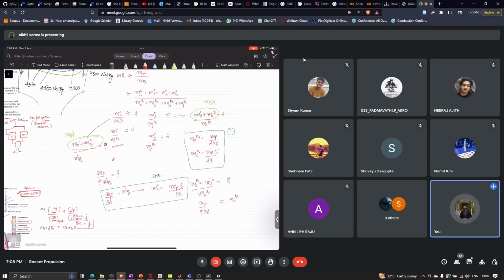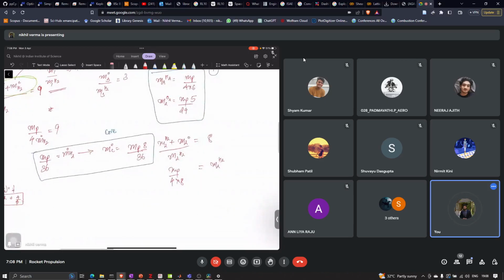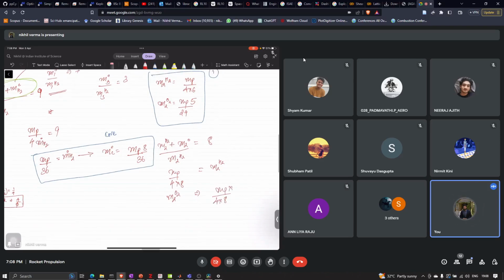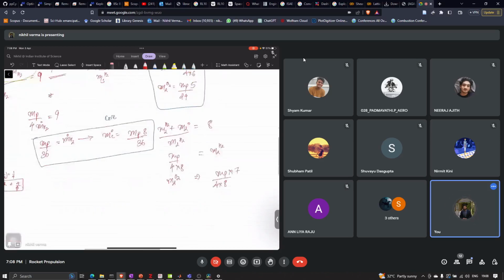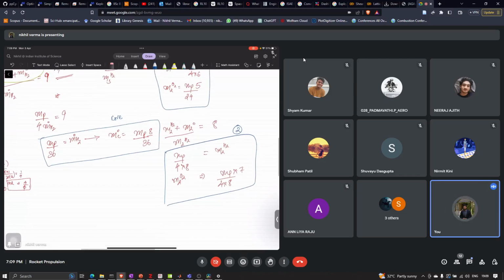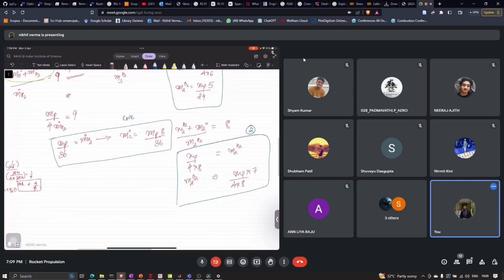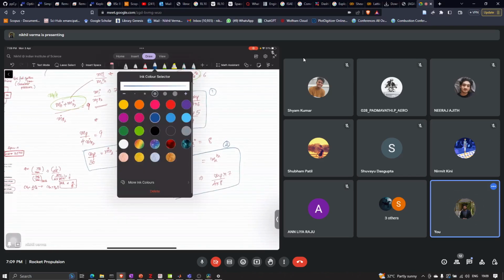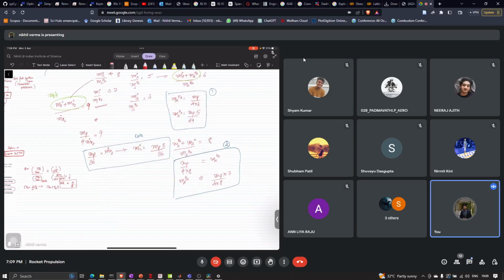So this is the mass of the propellant, then the mass of the oxidizer is the mass of the propellant into 7, right? So we have this for the second part, and similarly we have it for the last part.